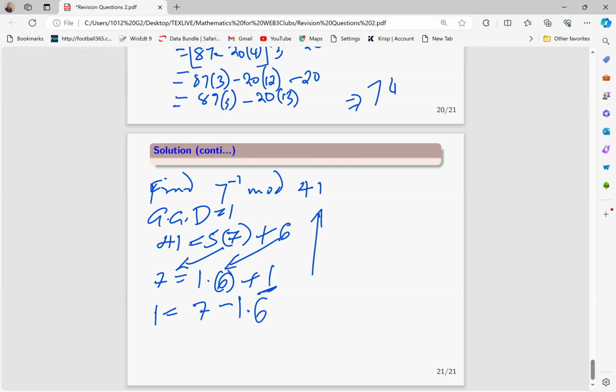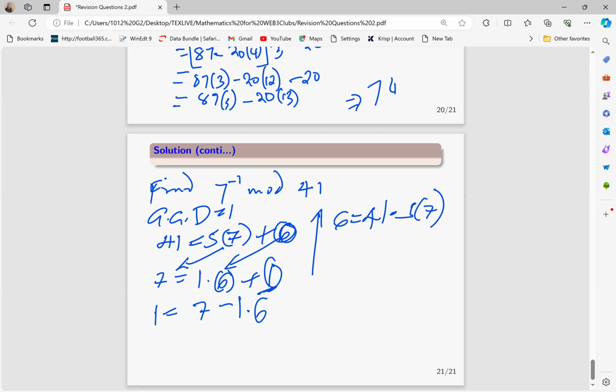Replace the 7 and the 1. We replace this 6 now. So 6 now, the equation becomes 6 is equal to 41 minus 5 times 7. I guess that's the thing.